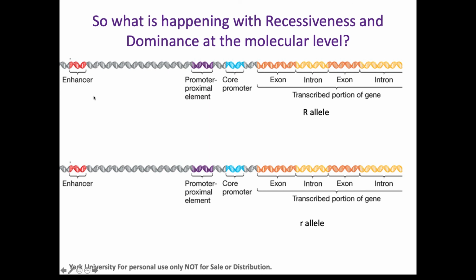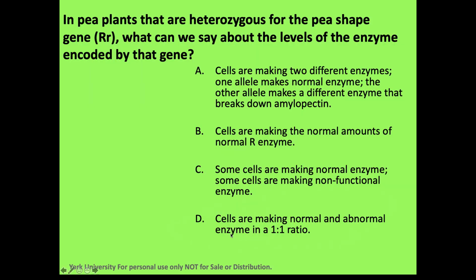Well, if they're both being active, they're both producing messenger RNA, and if they're both producing messenger RNA, then presumably both types of messenger RNA are being translated, and that means you should have both types of enzymes. I would expect to see in those cells 50% normal enzyme and 50% abnormal enzyme.